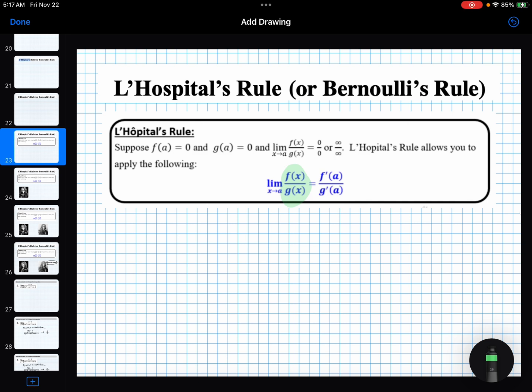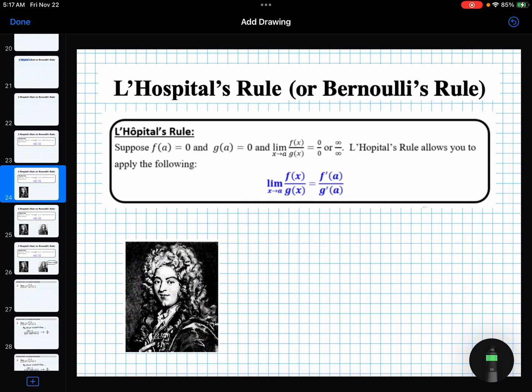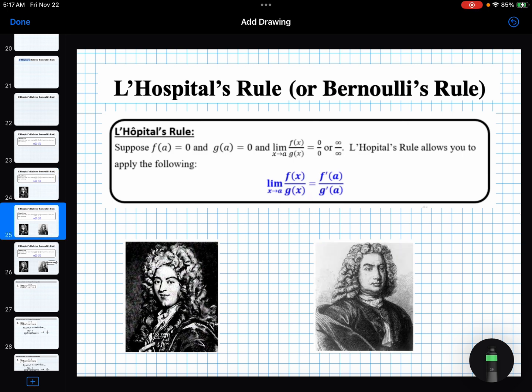Now, just quickly to give proper credit where credit is due, L'Hopital, there he is right there, handsome guy, huh? L'Hopital was a student of Bernoulli. Bernoulli taught him calculus, right? And it's actually been verified after the fact that Bernoulli derived this rule that we call L'Hopital's rule and taught it to L'Hopital, and then L'Hopital published a textbook that included the rule, and everyone gave L'Hopital credit for it.